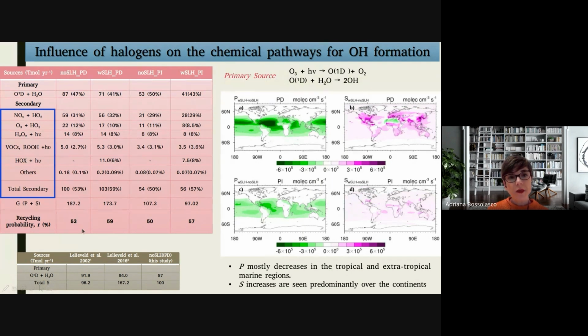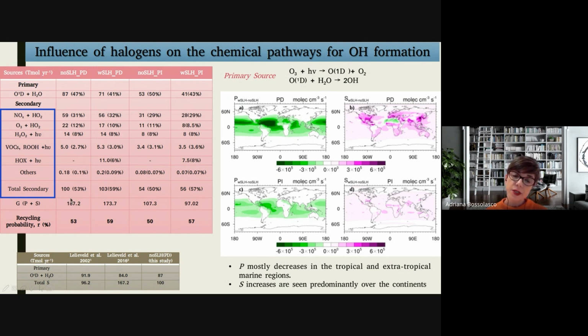So in this table, we show the contribution integrated over the whole troposphere for our 4 cases in present day and pre-industrial. And we can see that the inclusion of SLH leads to a reduction in the primary production of OH due to this ozone depletion, in both periods, present day and pre-industrial.